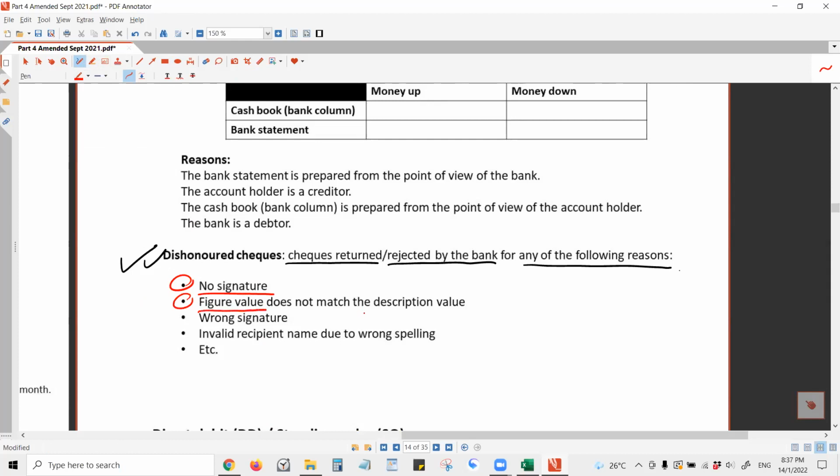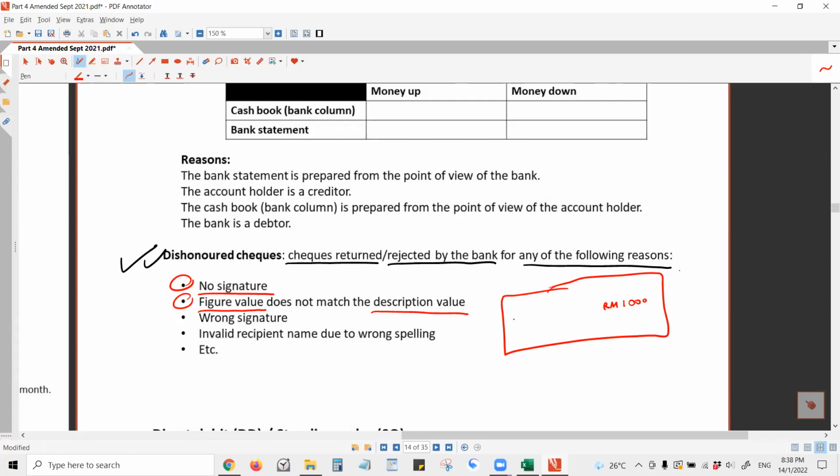Figure value doesn't match the description value. What does this mean? You have seen a check before. If you have not, you can go online and search for one. Usually on the right-hand side of the check, you write the number, the digits. Let's say in Malaysia, RM, Ringgit Malaysia, 1000. On the left-hand side, you write the words.